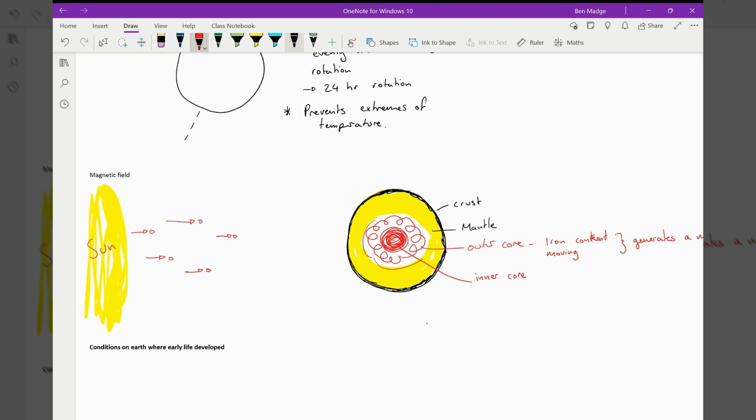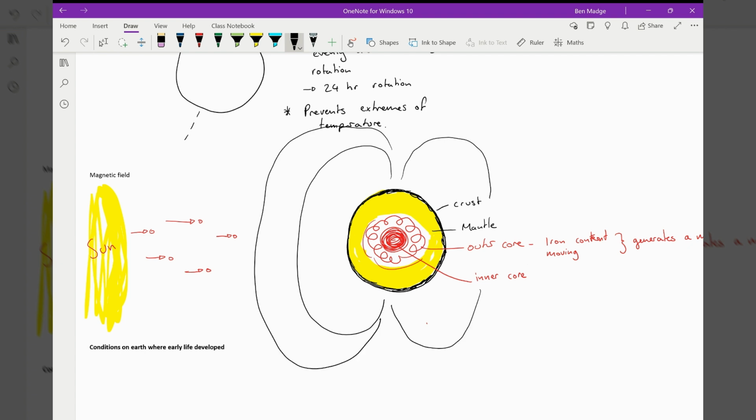But this moving iron-rich outer core generates a magnetic field. So hopefully from your Key Stage 3 you can recognize a magnetic field coming out of the poles and then moving outwards. Okay, and this helps to deflect these charged particles.